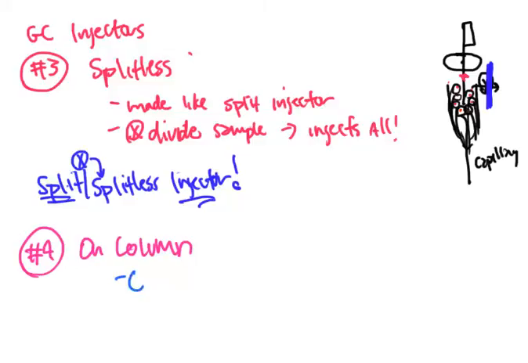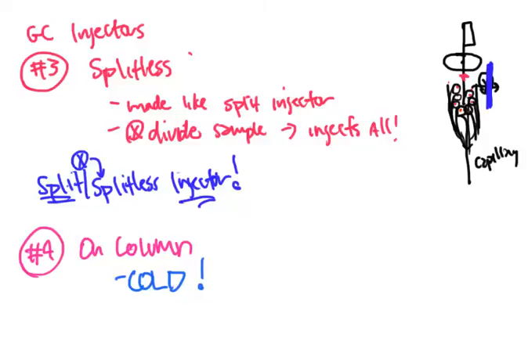It is performed cold. You don't really heat the injector up first. This is like putting a cake in your oven without turning the oven on first. You put it in cold, and then you turn the oven on and allow it to warm up while the cake is on the inside.